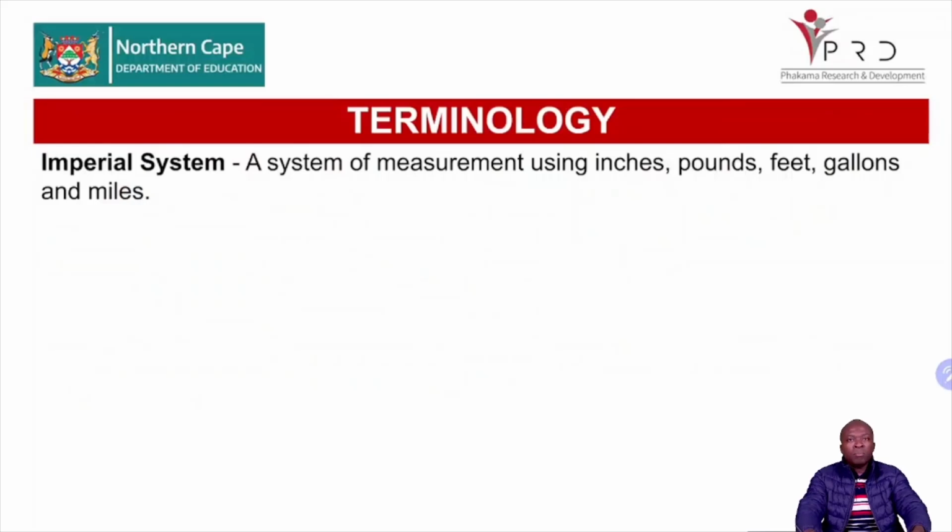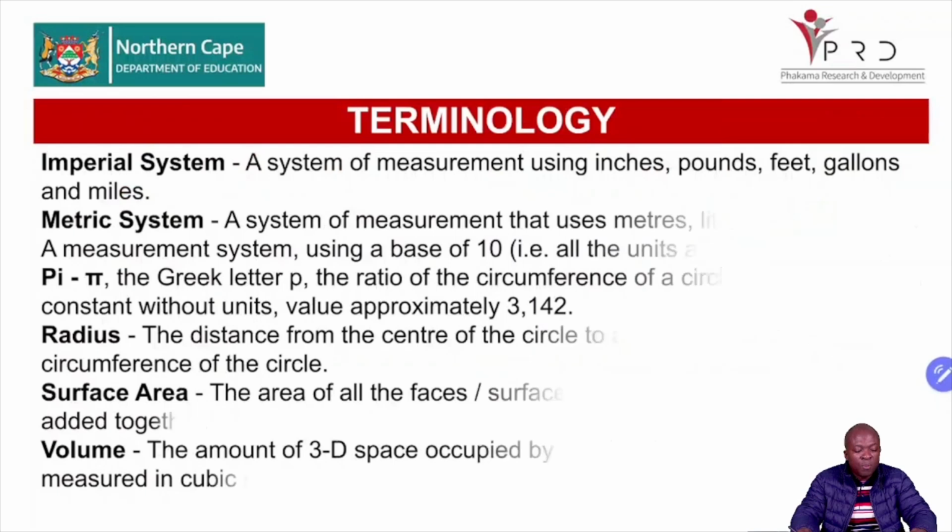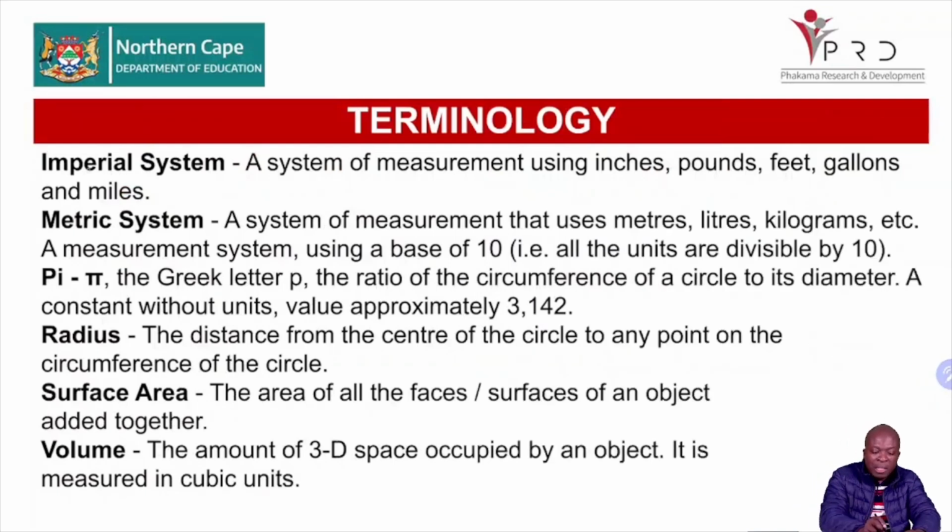All right. So as we deal with volume, let's look at some few things we have to take note of. Let's look at our terminology. The first one is imperial system. Whenever you see that we are using imperial system, we are talking of a system of measurements such as inches, pounds, ounces, feet, gallons, miles. Those are imperial.